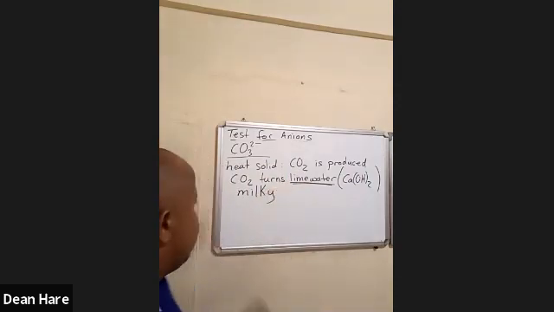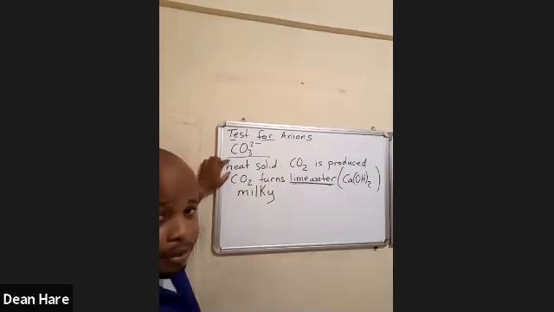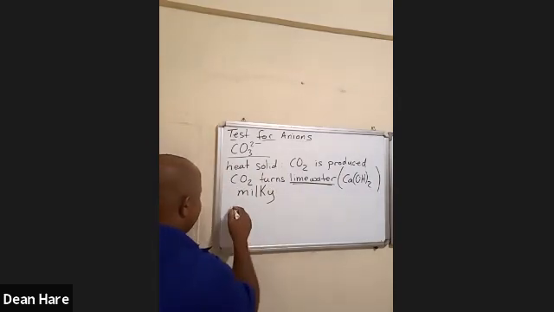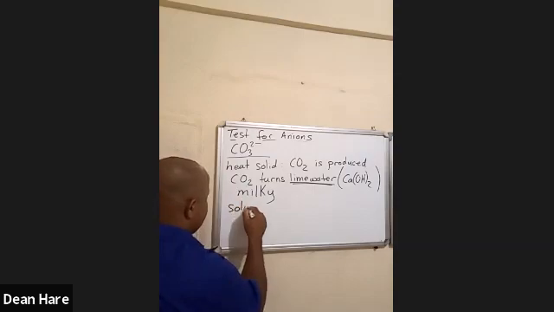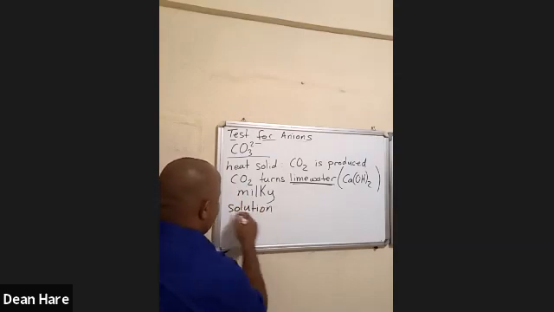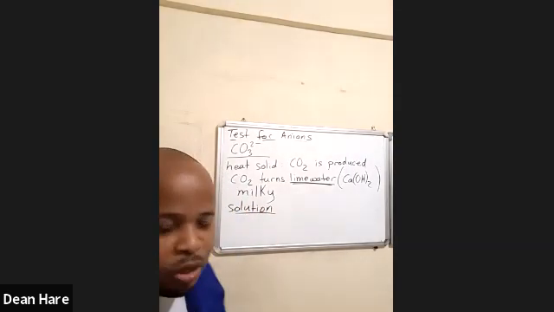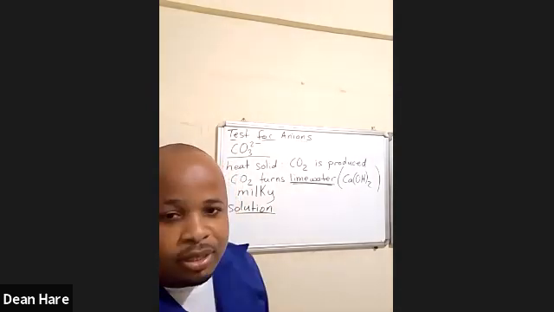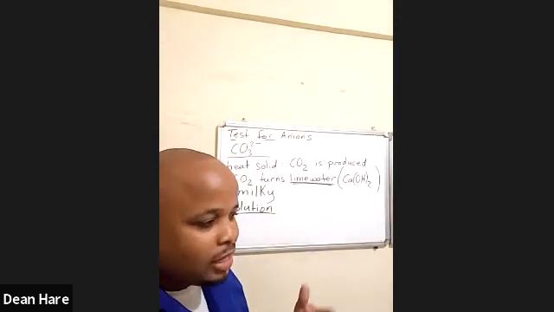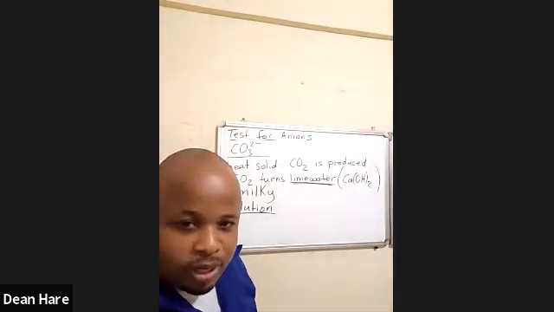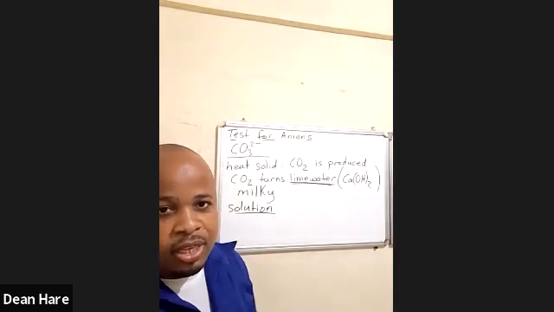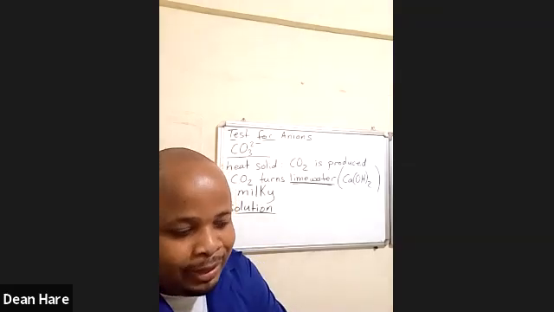All right. So that is if you have the solid. Now, if you have a solution, question: when carbonates react with acid, what is produced? If you react a solution of sodium carbonate with hydrochloric acid, you will get three things: salt, water, and carbon dioxide gas.